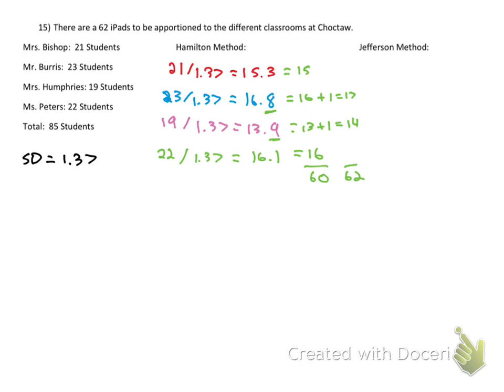Jefferson method, I'm going to lower it to 1.3.